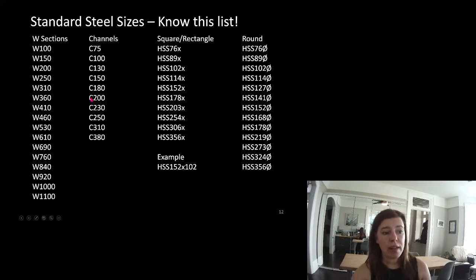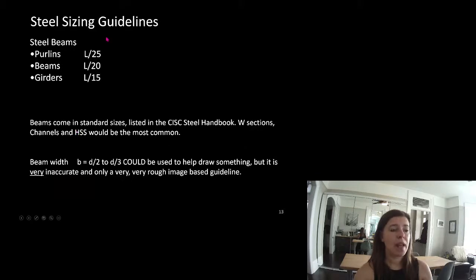A channel, a C200 is approximately 200 millimeters deep. It's not exactly 200 millimeters deep, but this is what we're going to use for our sizing guidelines. Because remember, if our sizing guidelines aren't exact, this is a pretty good inexact right answer. Okay, steel sizing guidelines. Look at my heading here, steel beams.